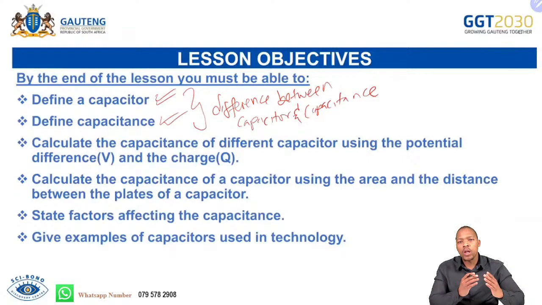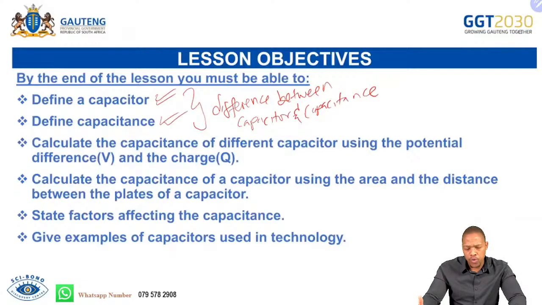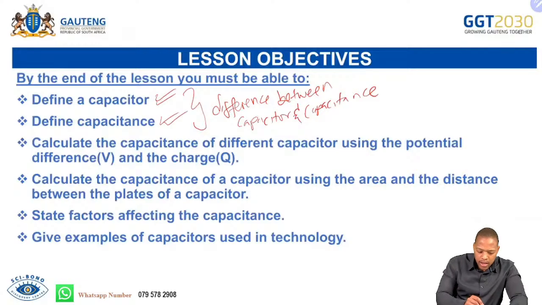Whenever we are asked for a capacitor, we know what is being asked, and whenever we are asked for capacitance, we know what is being asked. Then we are going to look at the functions of the capacitor, including the capacitance as well.